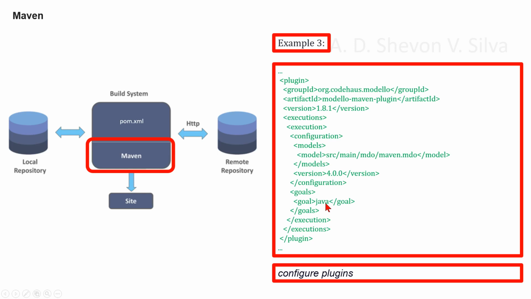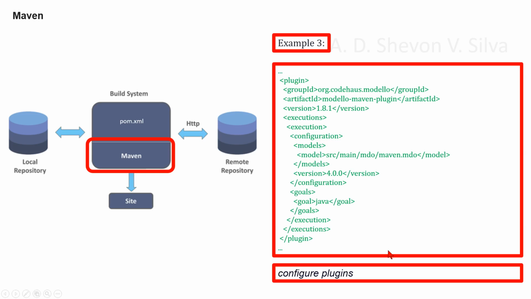Note that the modello-java goal generates Java source code. So to use the Modello plugin and have it generate sources from the model and incorporate that into the build, you would add the following to your POM in the plugin section of build.